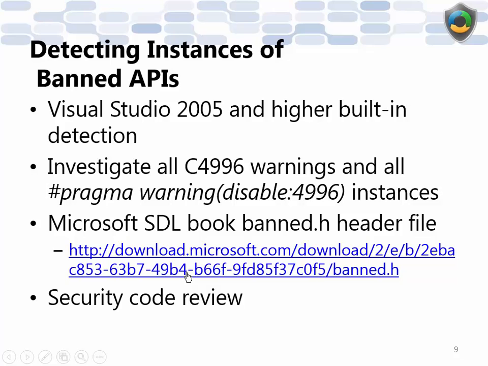Finally, the final method is to conduct the security code review. In addition to looking for common coding patterns that lead to vulnerabilities, the verification teams can also search for instances of banned functions in code and for any pragma declarations that disable banned function warnings.